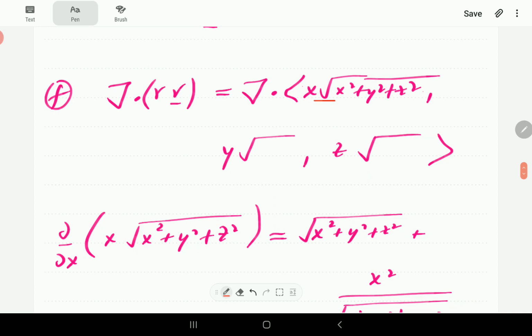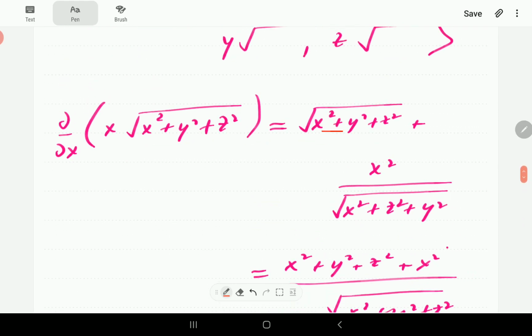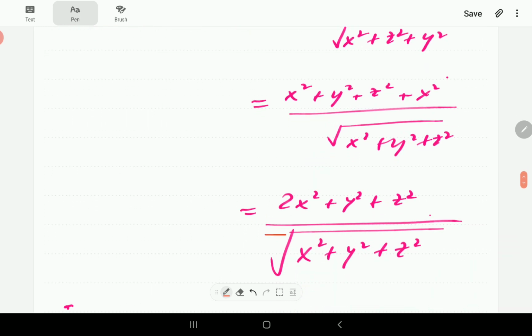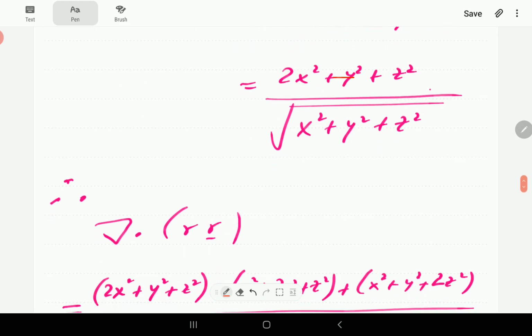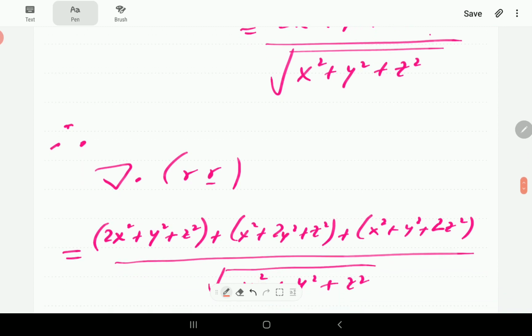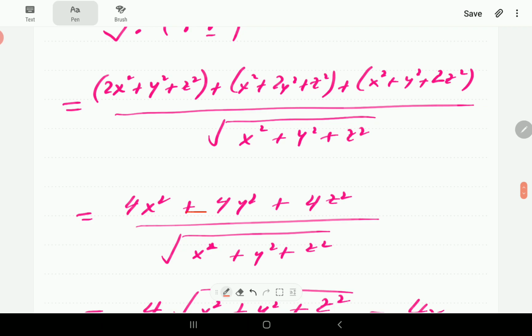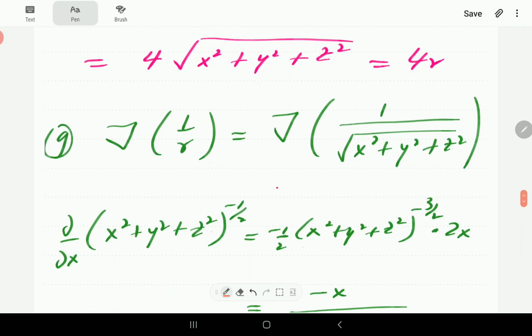If we just differentiate this one with respect to x, this is what we find. So using the product rule, then writing this as a single fraction, it gives us that. So that means for the y component, the 2 is going to be on the y. For the z component, the 2 is going to be on the z. If you add these, you're going to get 4x squared plus 4y squared plus 4z squared. So this is going to simplify to 4r.